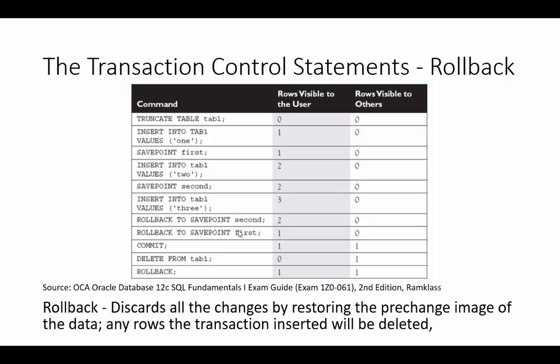Okay, and now after the first save point, we do commit, and then we delete from table 1. At this point we delete all the records, and then we do rollback to 1, and this is up to the first save point.